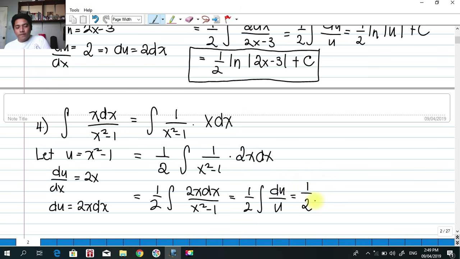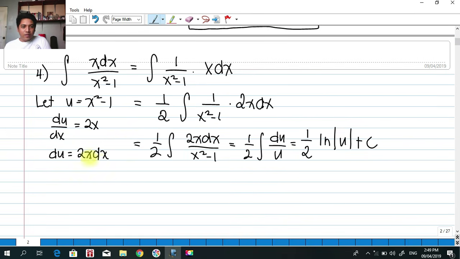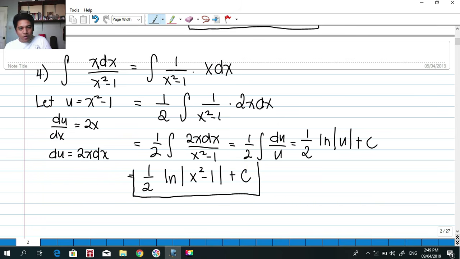So 1/2 of the ln of the absolute value of u plus c. So 1/2 the ln of the absolute value of x squared minus 1 plus c. So this now will be our answer.